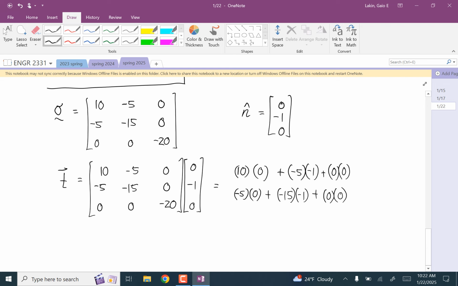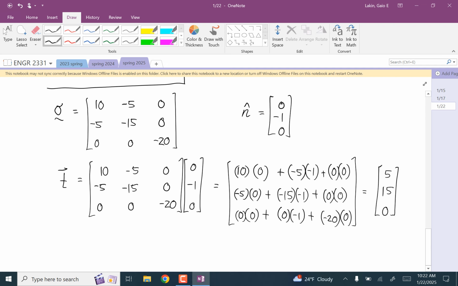Then for the third one, we have 0 times 0 plus 0 times -1 plus -20 times 0. And you get 5, 15, 0, just like we had figured.